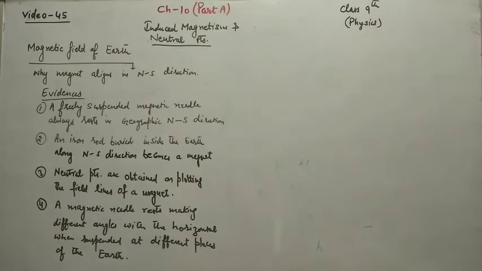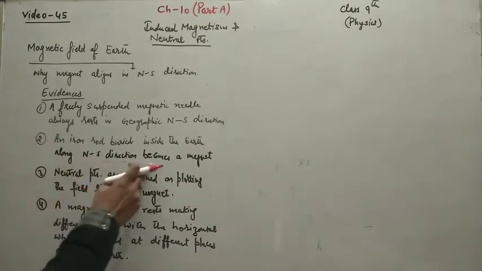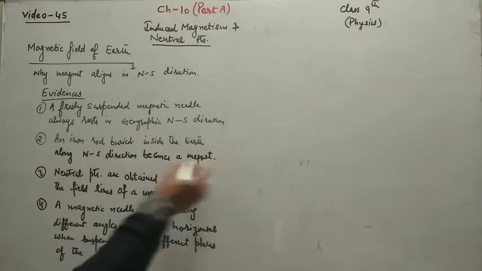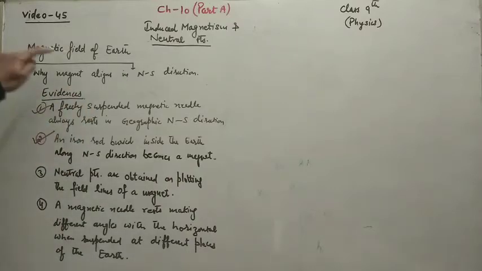Second point: an iron rod buried inside the earth along the north-south direction becomes a magnet. So that is also a kind of evidence which shows that earth also has a magnetic field.